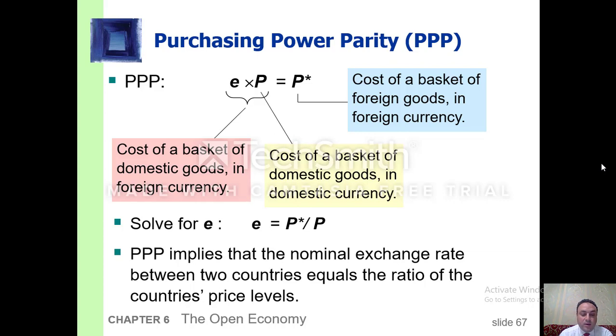So we can see that the nominal exchange rate here equals the abroad price divided by the home price, and the purchasing power parity doctrine implies that the nominal exchange rate between two countries equals the ratio of the countries' price levels.